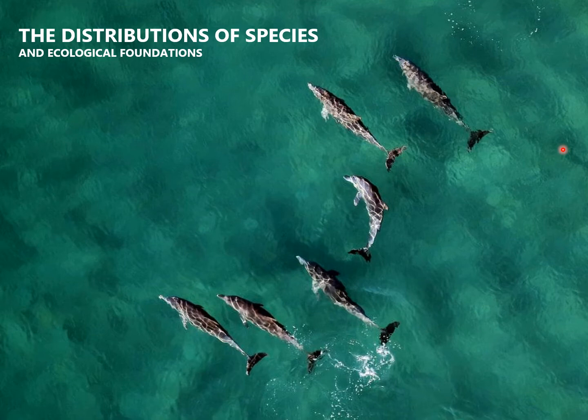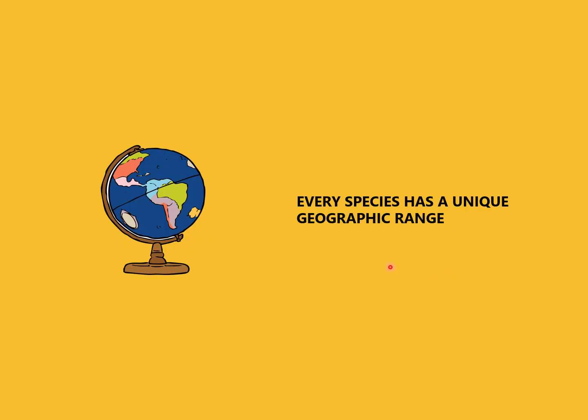But this week we're talking about the distributions of species and some of the ecological foundations that can influence the dynamics of the geographic range of where a species is located. Every species is going to have its own unique geographic range, and its own set of abiotic and biotic factors that influence it.